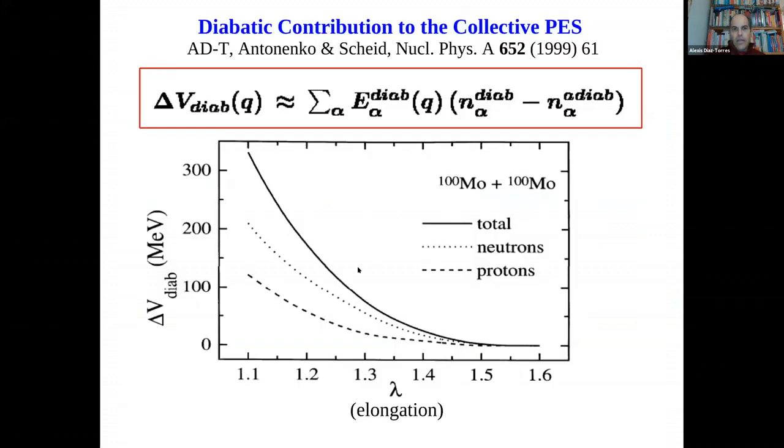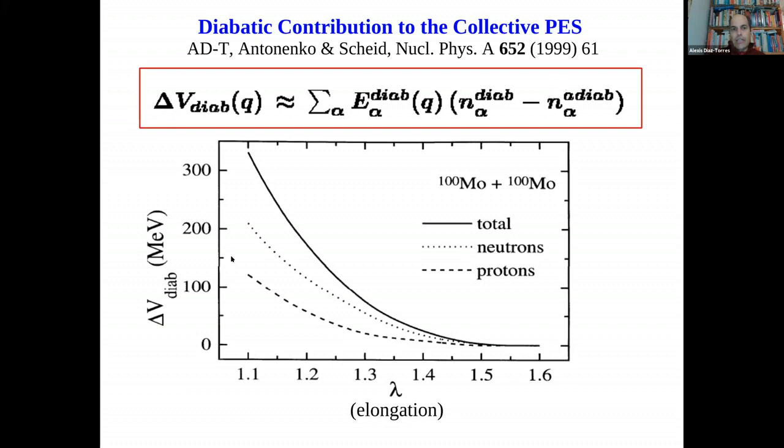And as you can imagine, as the nucleons follow these diabatic levels, there will be an extra energy gain into the system because the occupation numbers of the levels change.